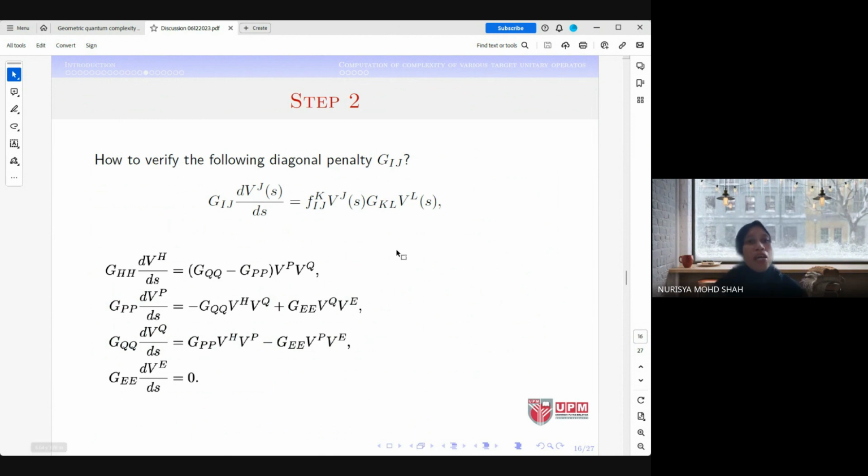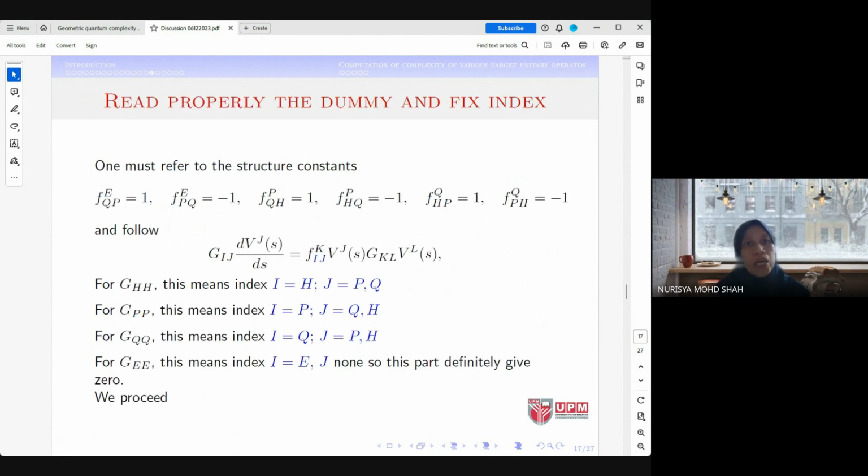All right. So IJ here will take the generators that satisfy the commutator algebra. So you substitute accordingly and you produce four types of this. Okay, to be detailed, we have to read properly the dummy and fixed index.